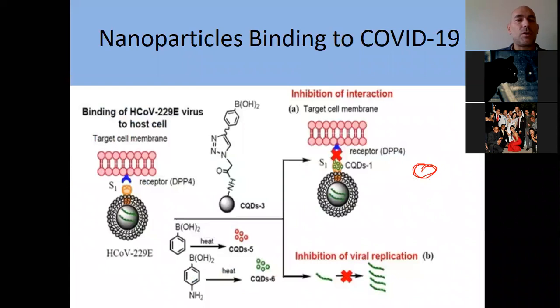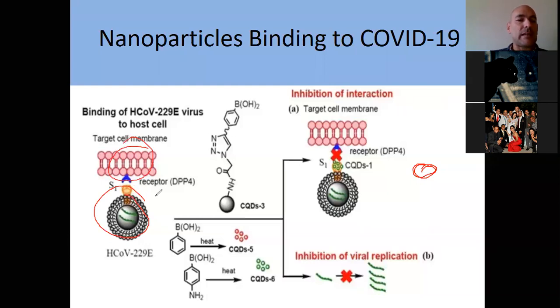So in this slide, the carbon quantum dot mechanism is basically a blocking mechanism. It can be a carbon quantum dot, or it can be anything that is a little bit large and binds to the virus surface.